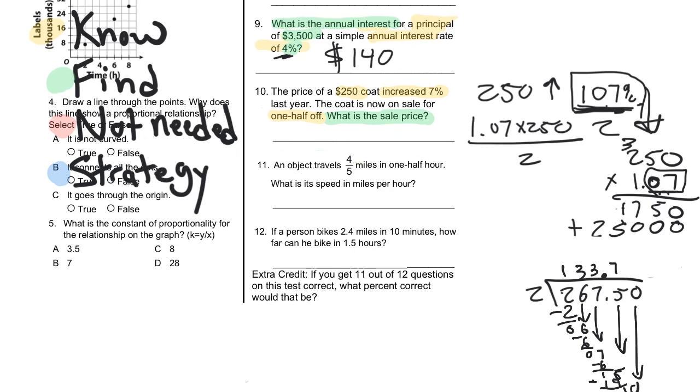Bring it down. And 2 goes into 10 5 times, exactly. So now I'm done. My sale cost is $133.75. Take a second, pause the video, write down anything you need to, and we'll move on.